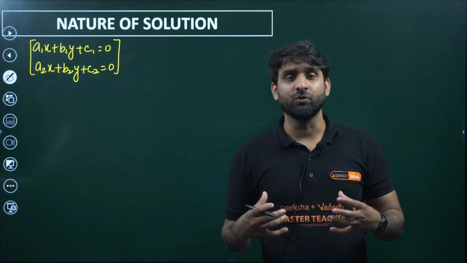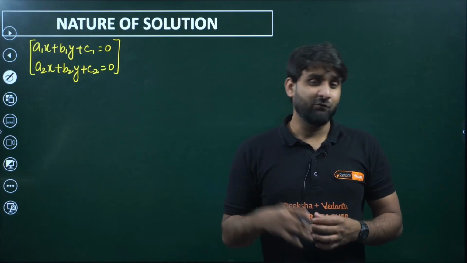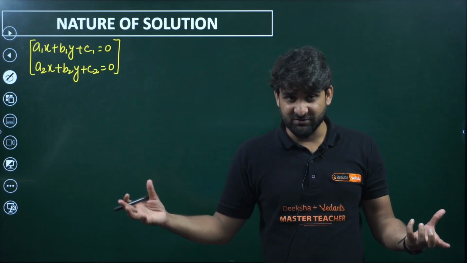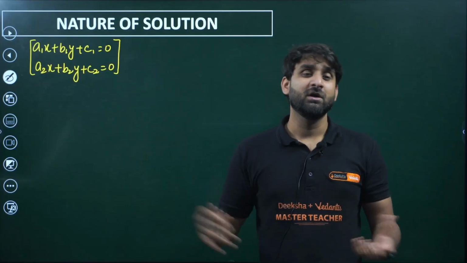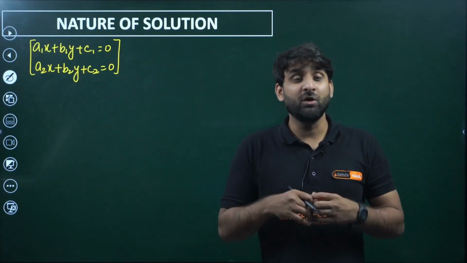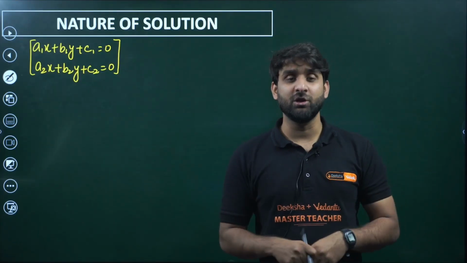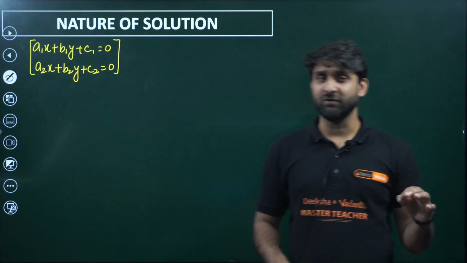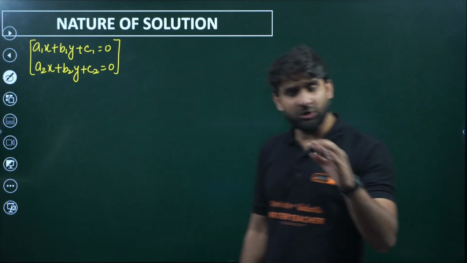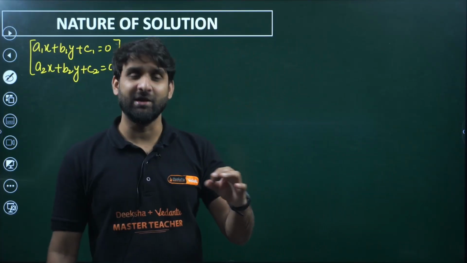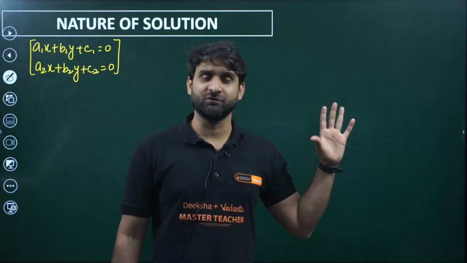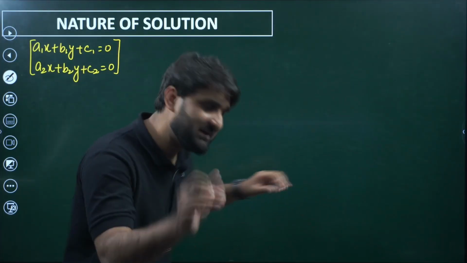I'm so curious to know, is there any methodology by which, without solving the linear equations, we can identify whether the nature of solution is unique, infinite, or none? Or do we need to solve the linear equations everywhere? The answer is, you don't need to solve the linear equations. By using a shortcut method, you can identify which of these 3 natures of solution the linear equations have. So how, guys? Listen, everyone.